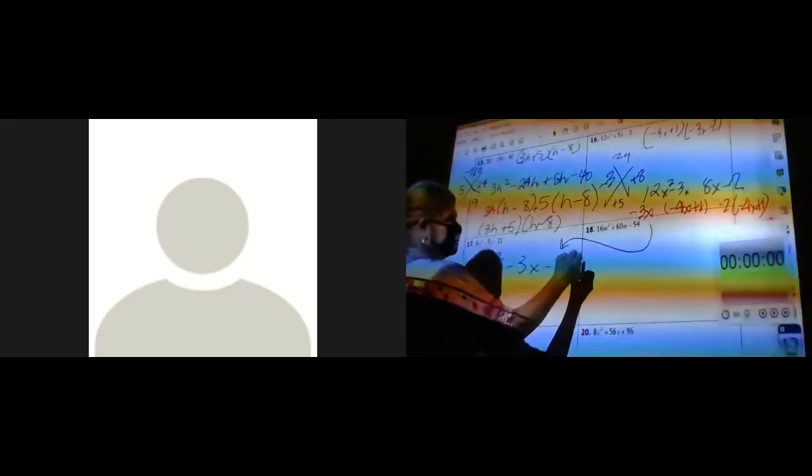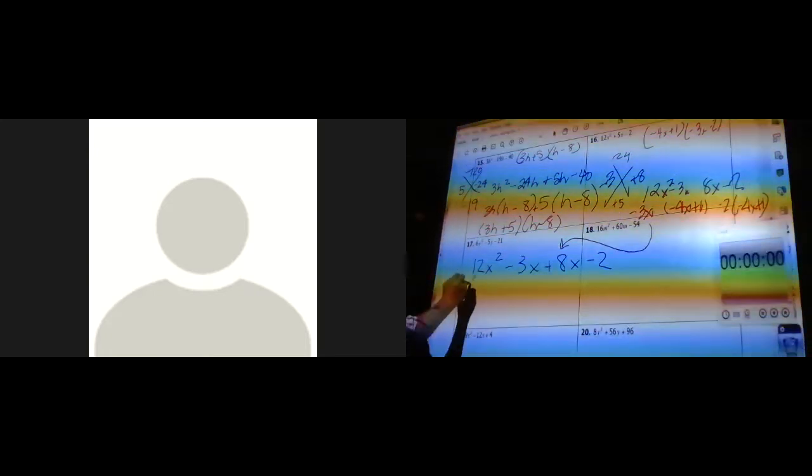What if on 12x squared minus 3x minus 8x minus 2, what if we factored out a positive 4x? I tried that, but I didn't like it. So what is 4x times what gives you 12x squared?